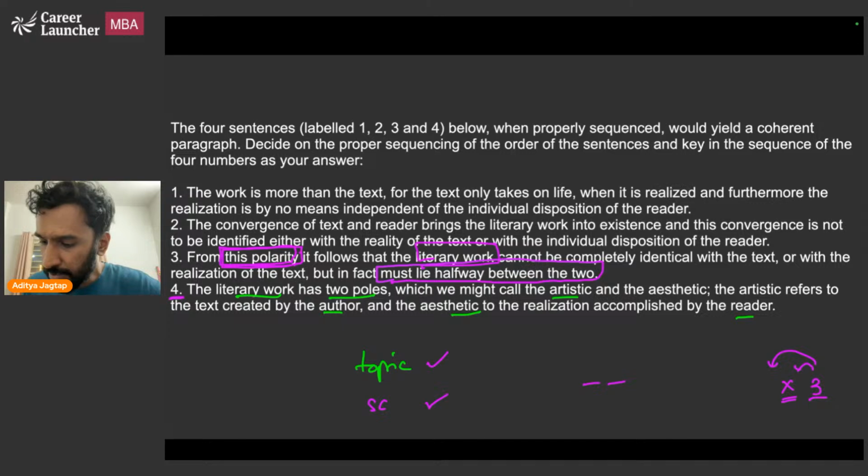All right. Sentence 2 says the convergence of text and reader, right? So this means that whatever was the artistic author's take and the aesthetic reader's take has now here converged. The convergence of text and reader brings the literary work into existence. What is completing or fulfilling this literary work? And this convergence is not to be identified either with the reality of the text or with the individual disposition of the reader.